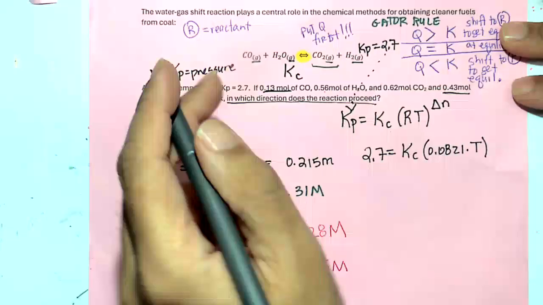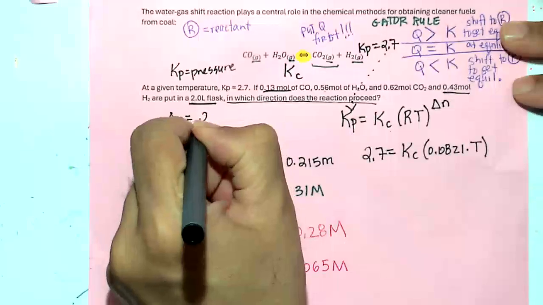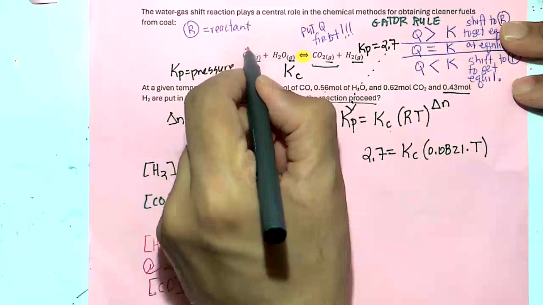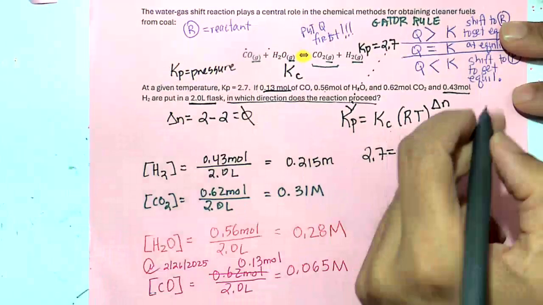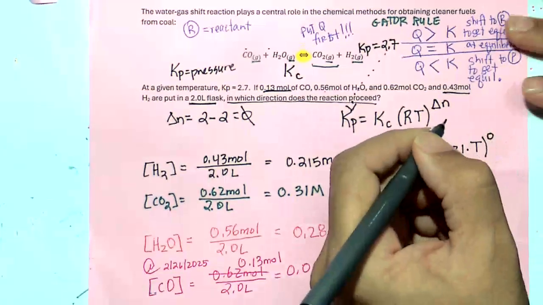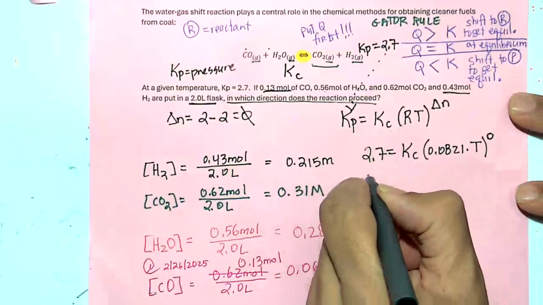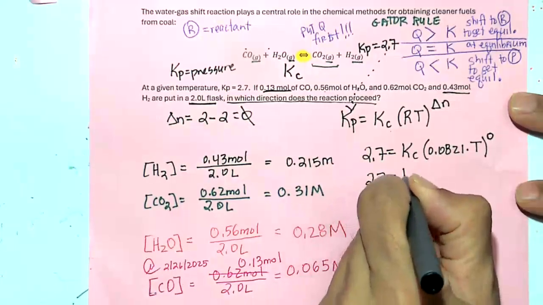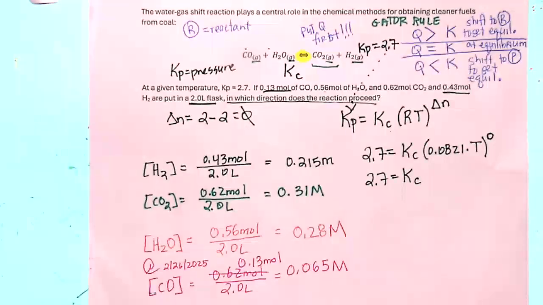So how many moles of gases do we have on the product side? 2. How many moles on the reactant side? 2. Very good, Susanna. So 2 minus 2 is 0. So all of this is to the 0 power. What is anything raised to the 0 power? 1. So Kc is equal to 2.7.